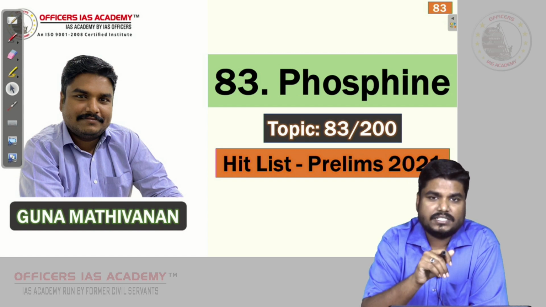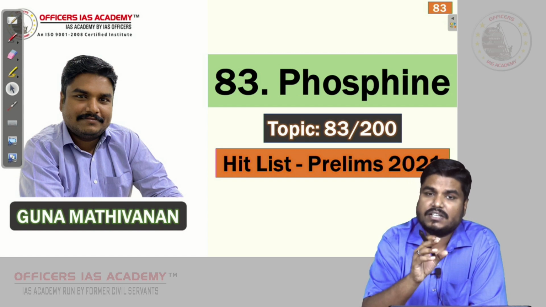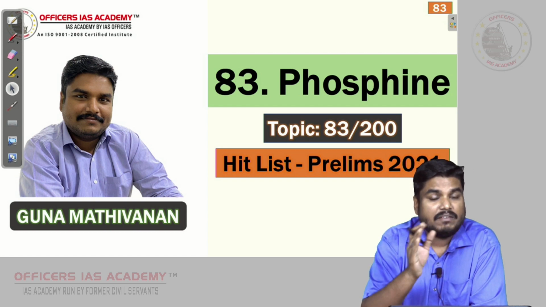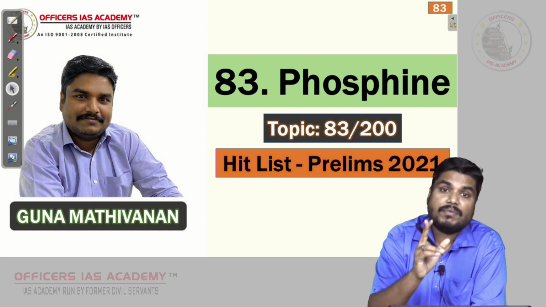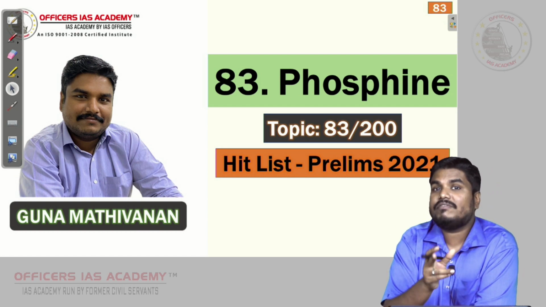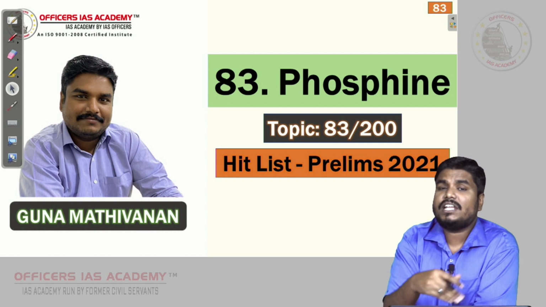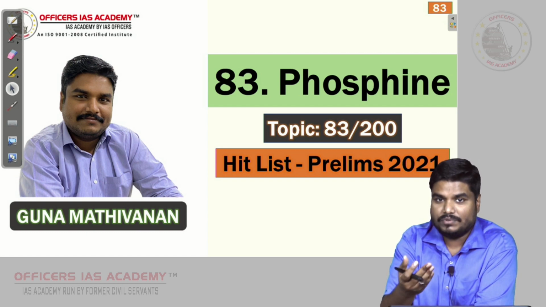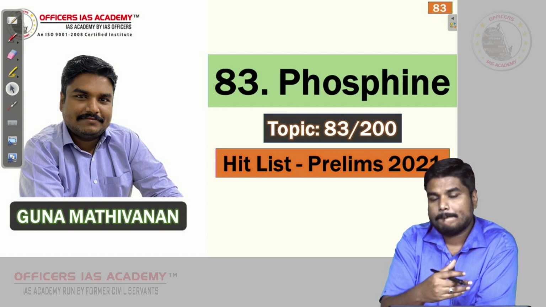However, researchers even today find a considerable amount of phosphine present in Venus. That indicates maybe there is some microbial activity going on in Venus, which is continuously producing phosphine. Because whenever phosphine is produced, oxygen will readily react and destroy it.